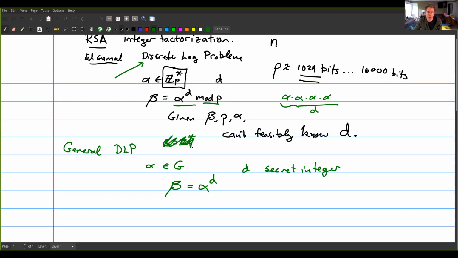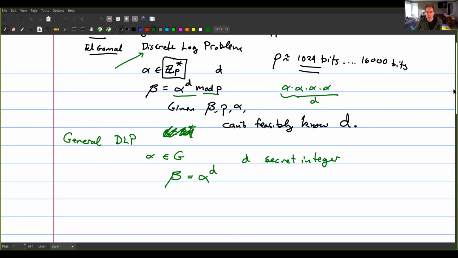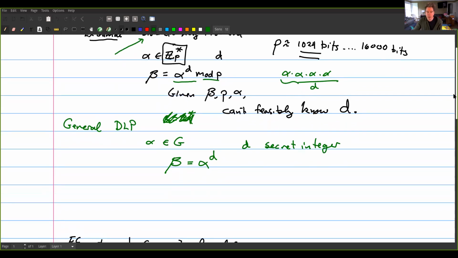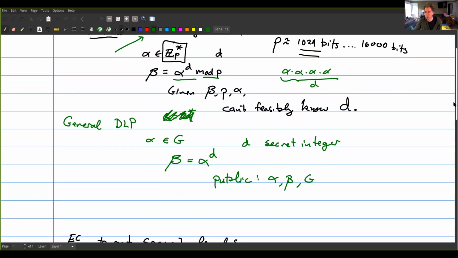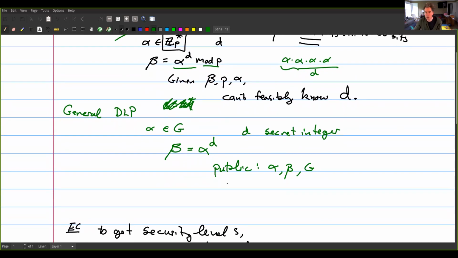That's possible, but it could be some other group, such as an elliptic curve group. So beta is again the public key, and the public parameters are alpha, beta, and G. Everybody gets to know those things, but given the public parameters, it's practically impossible to discover the private parameter, which is the secret integer D.